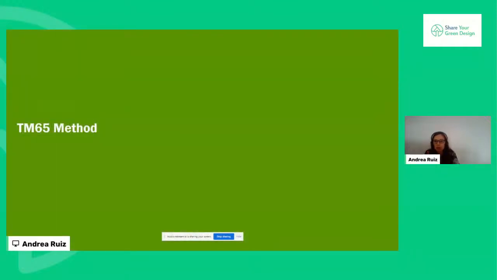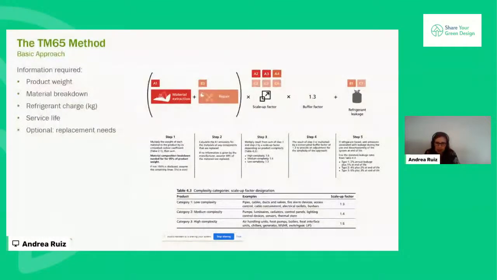Now we'll jump onto the CIBSE guide, TM65. It does have 2 methods. I'm describing here for you the basic approach mainly, just to give you an example of what it is.